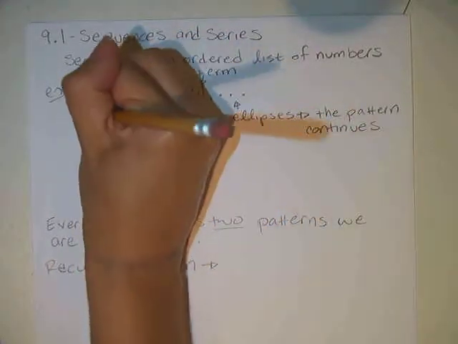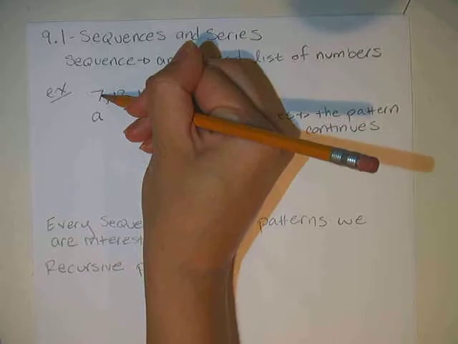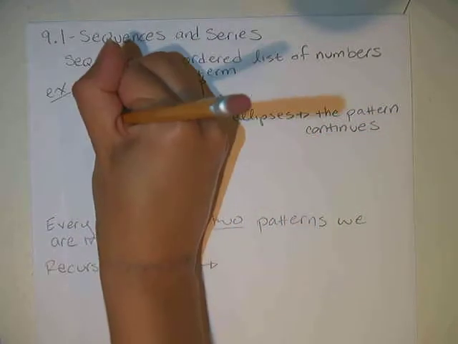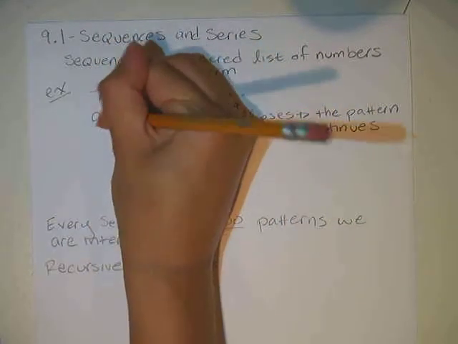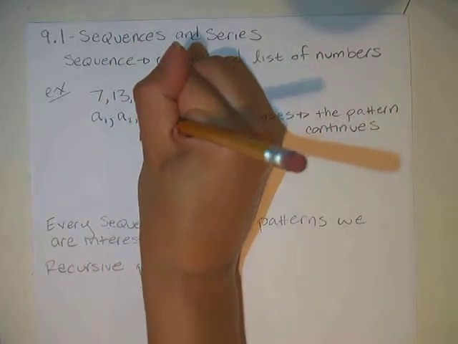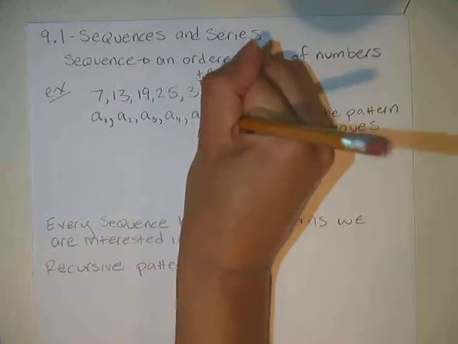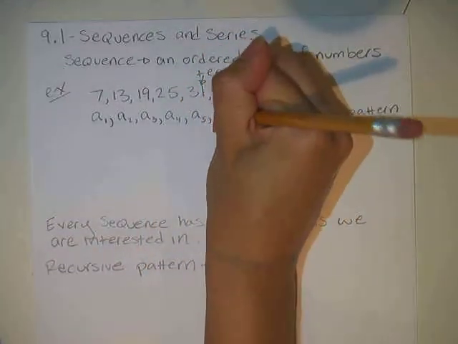Now, I'll often use a variable, such as a, to label each term in the sequence. Since this is the first term, we'll make a subscript here of a 1. So this is a1, a2, a3, a4, and a5.